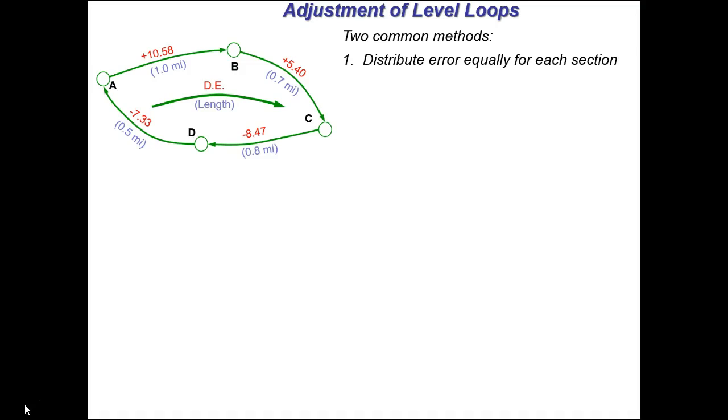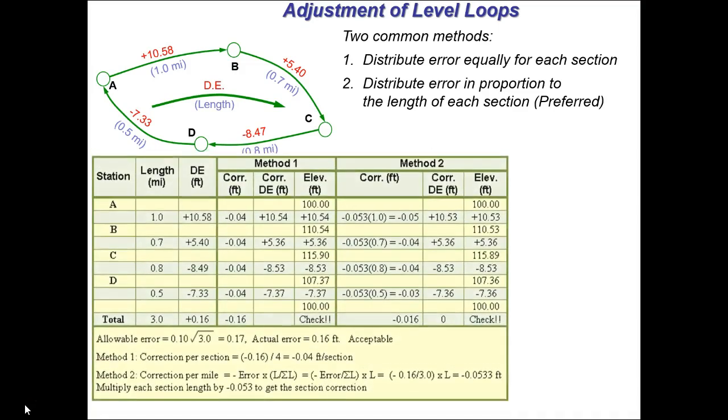We can take that amount of error, in our example 0.08 feet, and we can distribute it evenly back to each section, or we can distribute it in proportion to the length of each section. So we assume that those longer runs that we made may have given us more error than when we were at a shorter distance away.